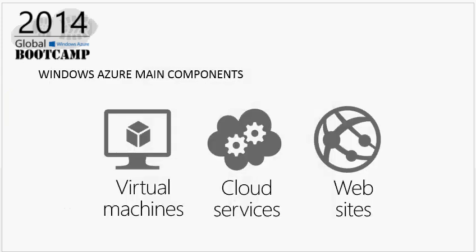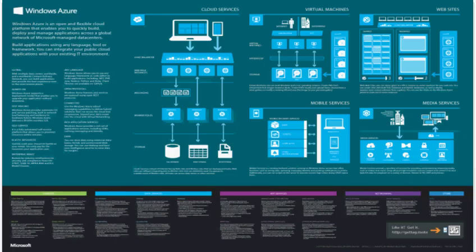Now let's look at the different components of Windows Azure. These are the three main components: virtual machine, cloud services, and websites. And this is a PDF that I downloaded from windowsazure.com.